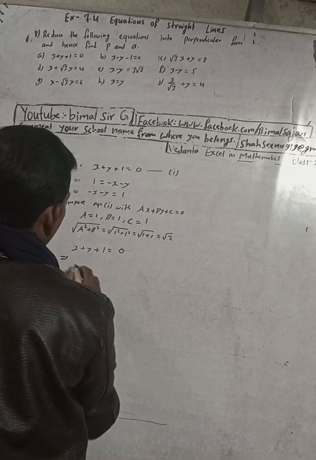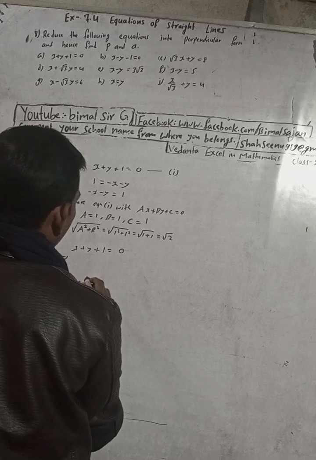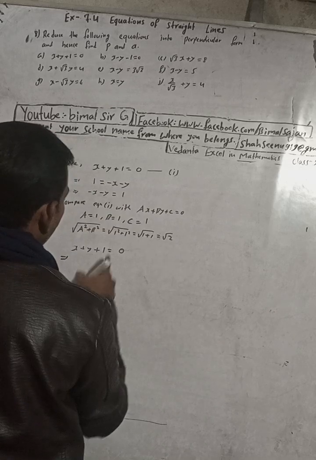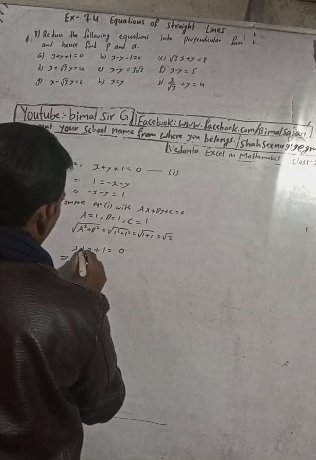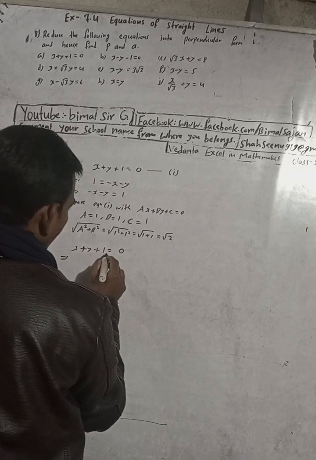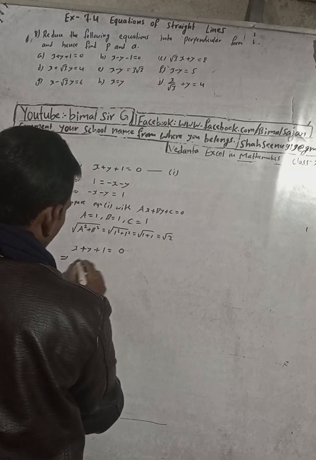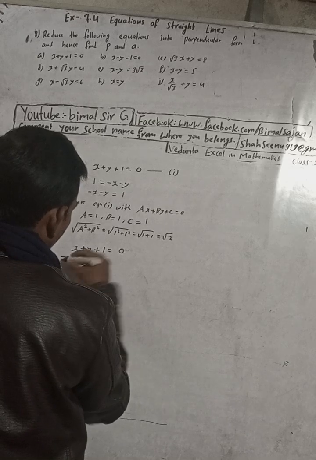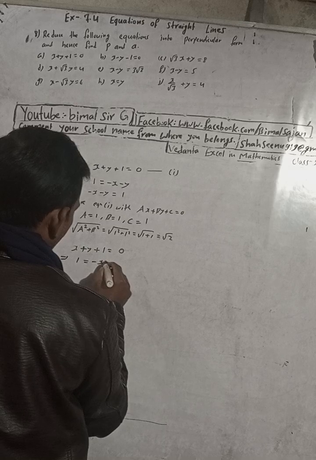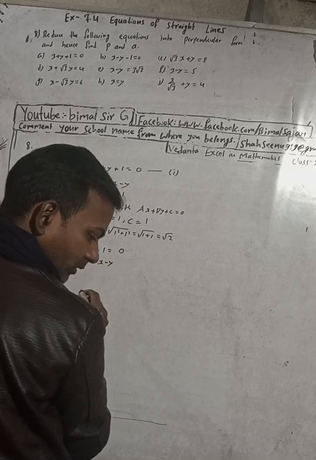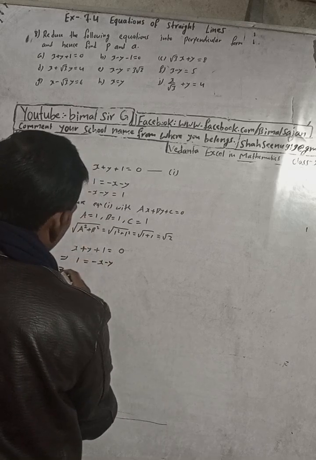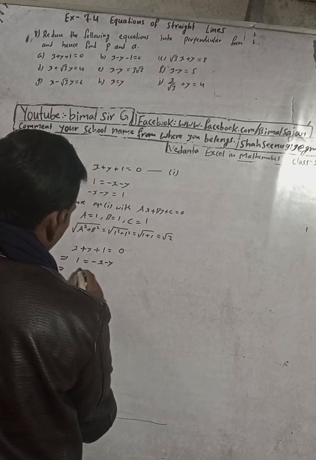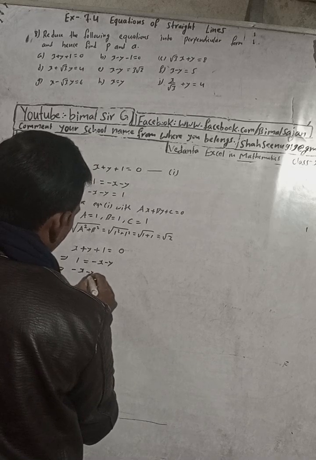Taking x to the other side it becomes minus x, and plus y becomes minus y. Side changing, this is minus x minus y is equal to 1.